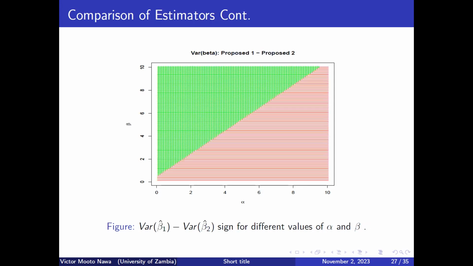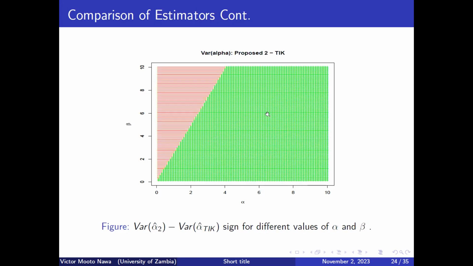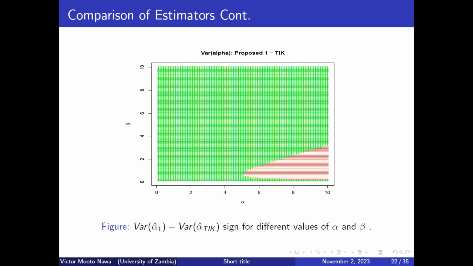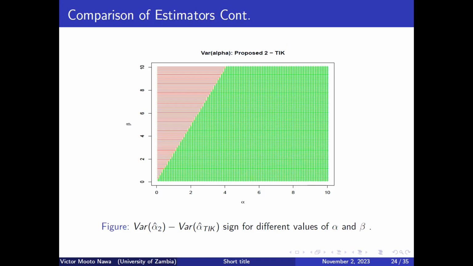And then we turn to variances of beta. So basically what we notice is that it's the same results that we got when we did our comparisons for alpha, except they appear to be in reversed order. So that's what we notice here, the regions.